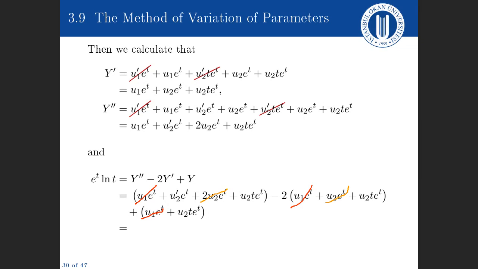Those are going to cancel. u2 t e to the power t, another u2 t e to the power t, and then minus 2u2 t e to the power t. Again, those will cancel. And what are we left with? We're left with just u2 prime e to the power t.